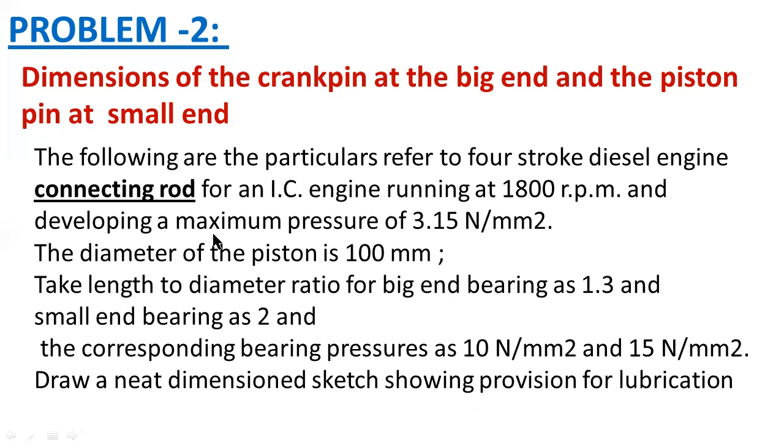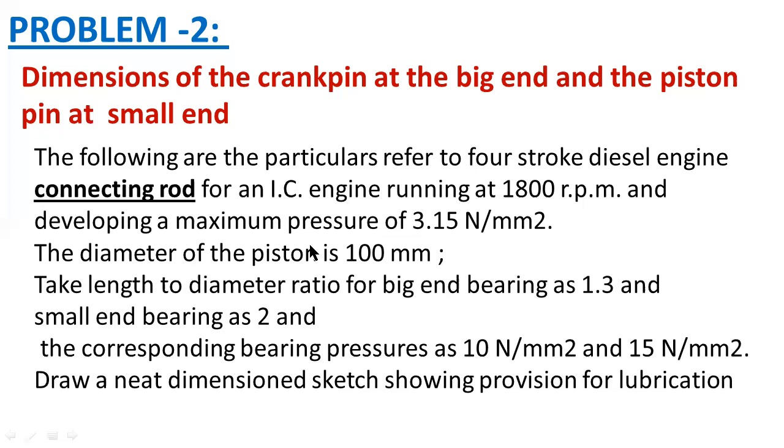So here in this question, you can observe the values. That is speed, capital N, equal to 1800 rpm, and maximum inside gas pressure, that is capital P, equal to 3.15 Newton per mm square. This maximum inside gas pressure is useful to determine the forces acting on the connecting rod.